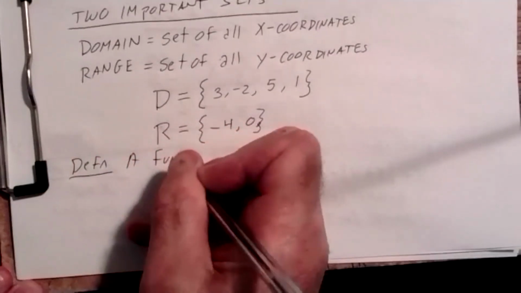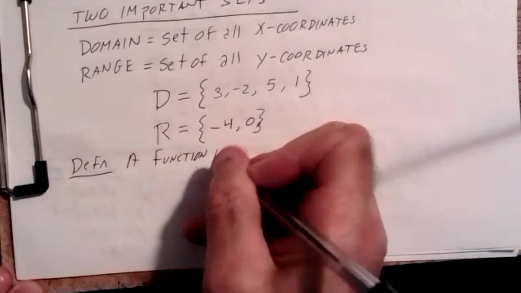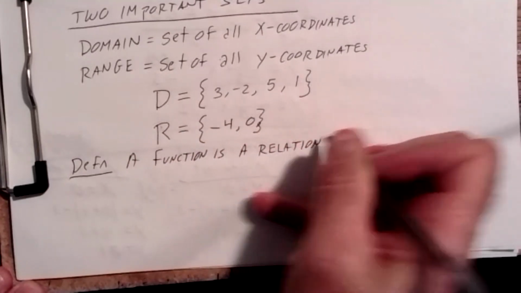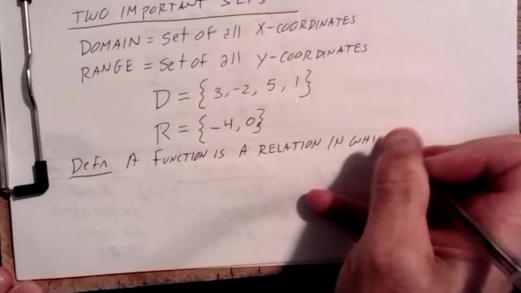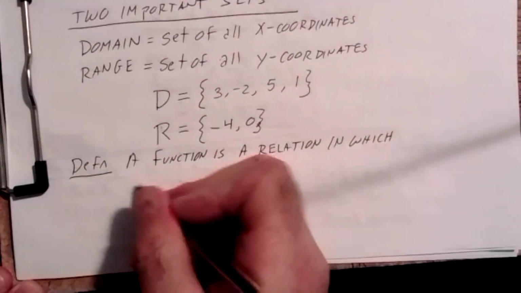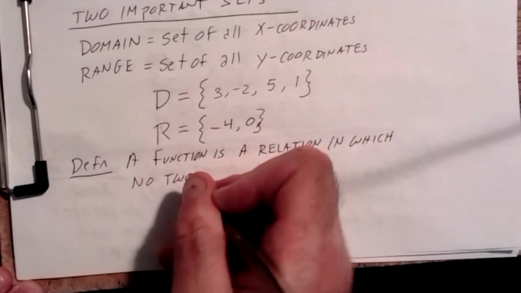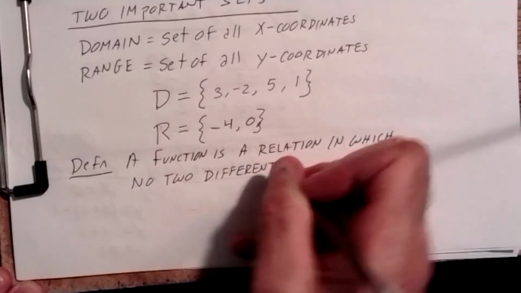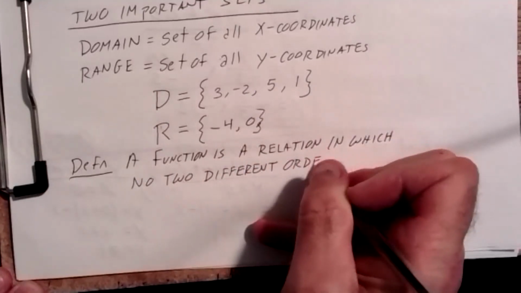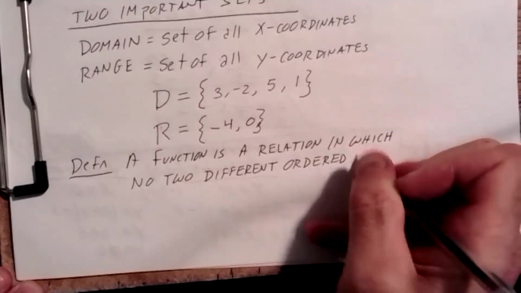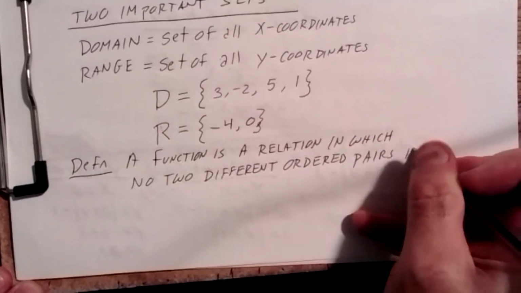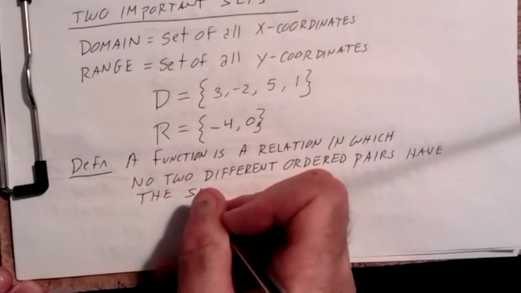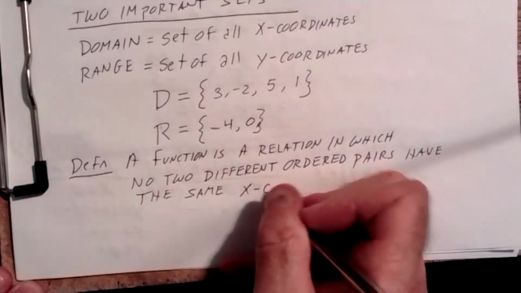A function in mathematics is a relation in which no two different ordered pairs have the same x coordinates.